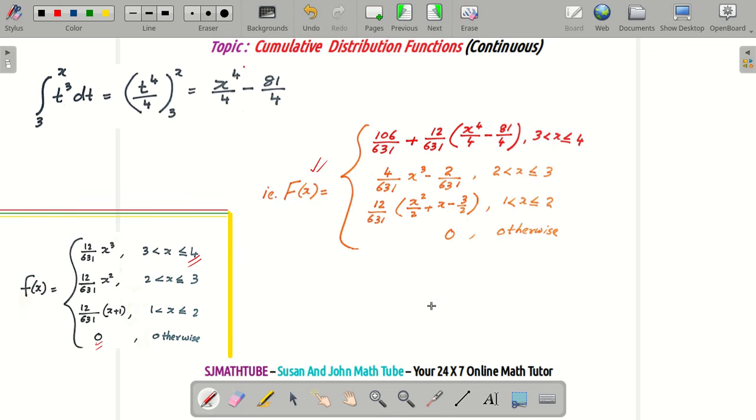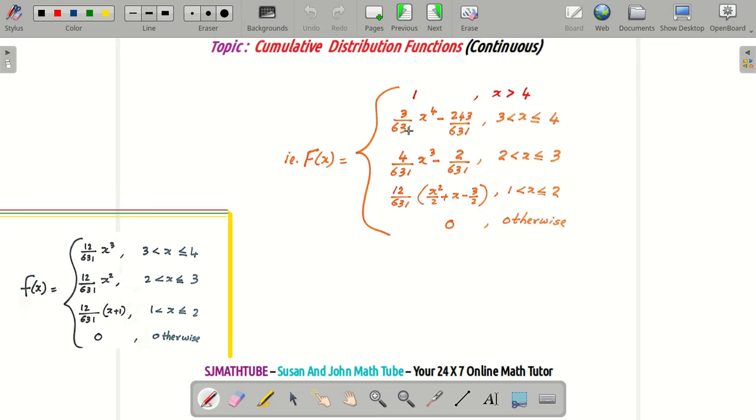Now you can see that from minus infinity to 1 the sum of the probability is 0, and from 1 to 2 you can use this function and find the probabilities, and from minus infinity to 3 you can use this function, and from minus infinity to 4 you can use this function, and it's clear that once you exceed 4 the function value will be 1, and that's it. So we have the cumulative distribution function for a very complicated PDF.